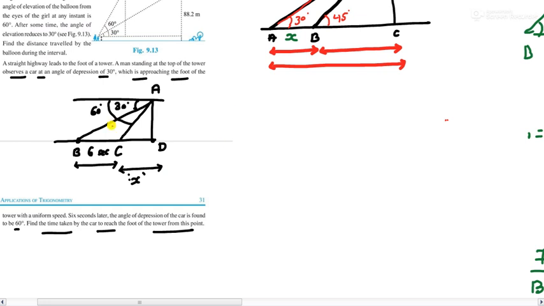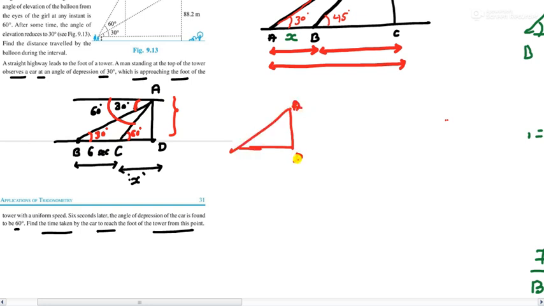See, so we need to find the length of CD. Let me draw the two figures again. Now see again here. This is 30 degree, so even this will be 30 based on alternate angles. And this is 60, so even this will be 60. Anything else they have given? No. Even this AD is unknown. So let me draw two separate figures.